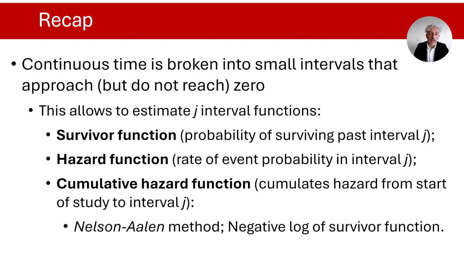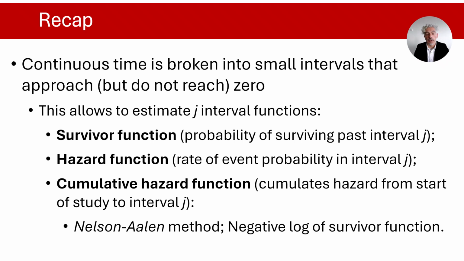And here I'm using the lowercase letter j to indicate a generic time interval of interest, whereas lowercase i will indicate a generic individual in a data set in a study.